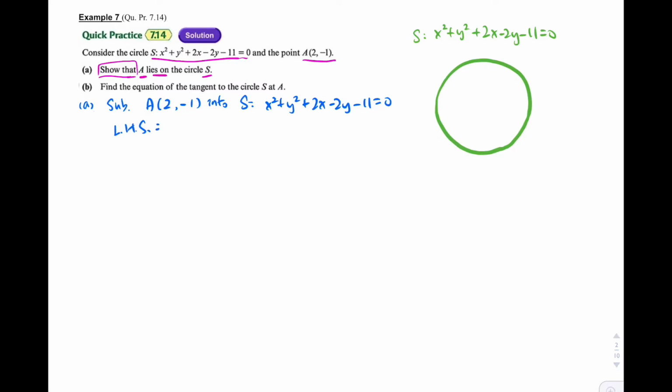So here, for the left-hand side, we have x squared plus y squared plus 2x minus 2y minus 11. You just press your calculator and you will find this is equal to 0, which is equal to the right-hand side. So you can conclude A lies on the circle S.